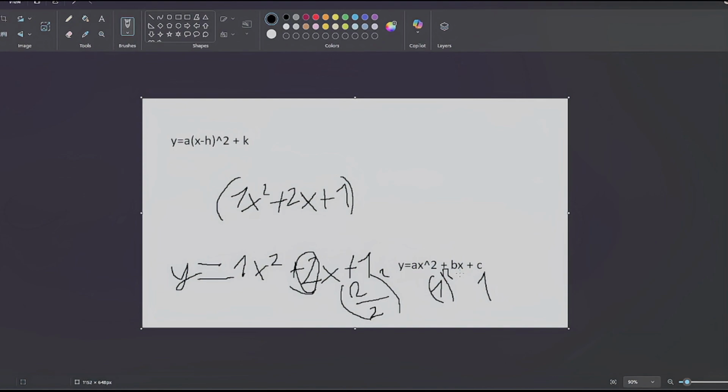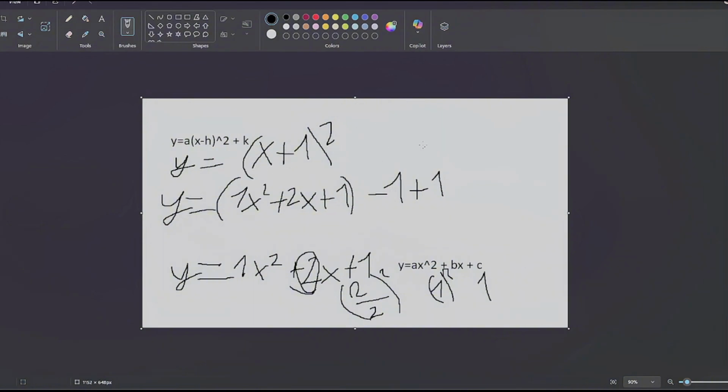Since we added 1 inside, we need to subtract 1 outside so that they cancel each other out, plus the 1 we had originally. So the vertex form is y equals (x plus 1) squared, where b divided by 2 gives the 1.